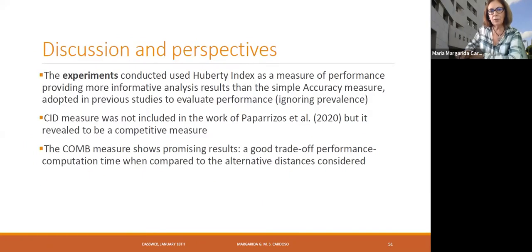So, some discussion and perspectives. We conducted experiments on the UCR time series data sets, and we used the Rand Index as a measure of performance, which provides a more informative analysis than simple accuracy, as we saw before. The complexity invariant distance was not used in previous studies, so it was used in our study, and it proved to be very competitive.